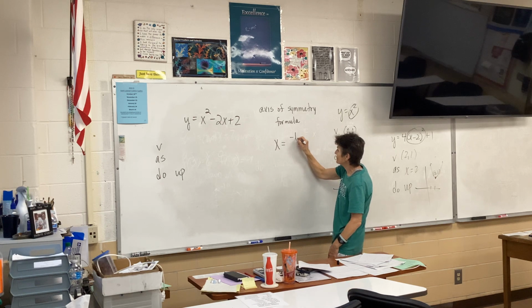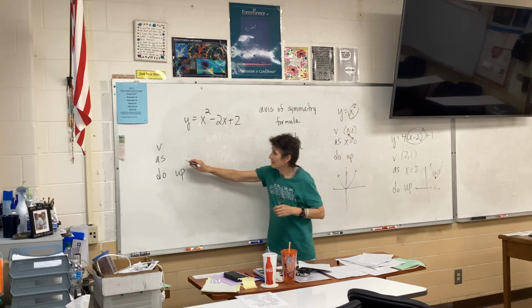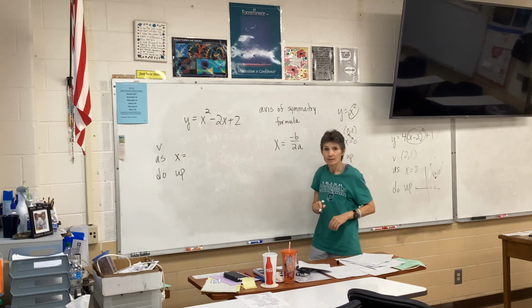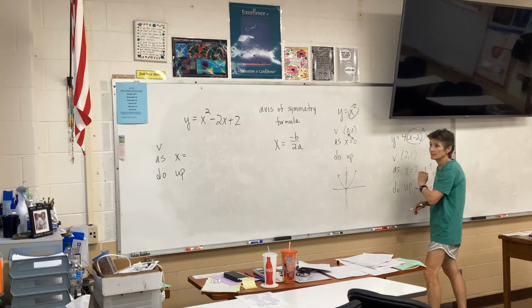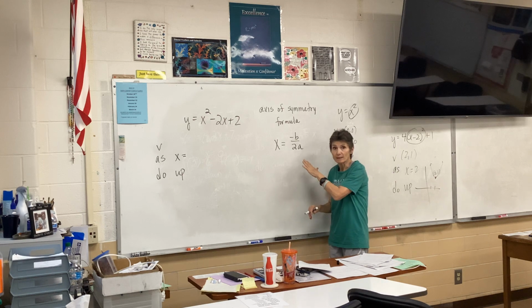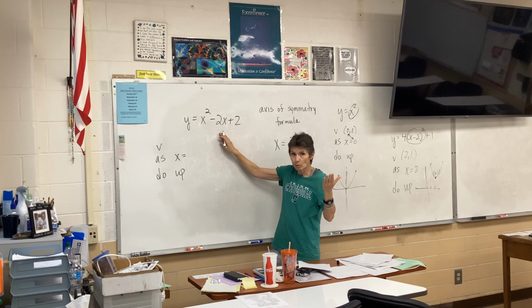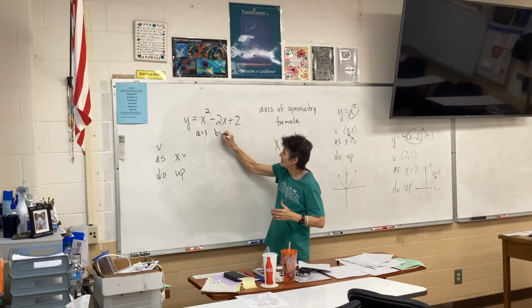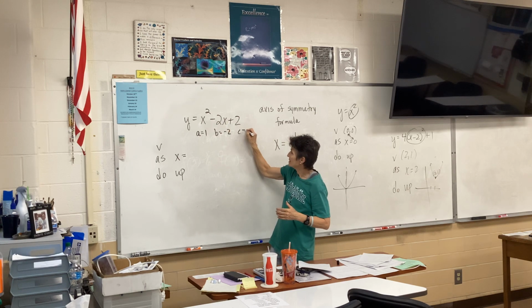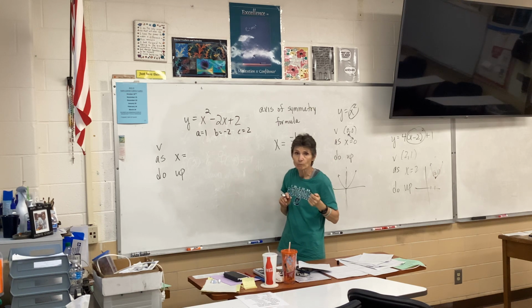x equals negative b over 2a. That is going to give me my axis of symmetry. Remember, the axis of symmetry is x equals something. And this is going to give it to me. When you look at this equation and you think about the quadratic formula, you would tell me a is 1, b is negative 2, and c is 2. The same a, b, and c that you've used forever with the quadratic formula.